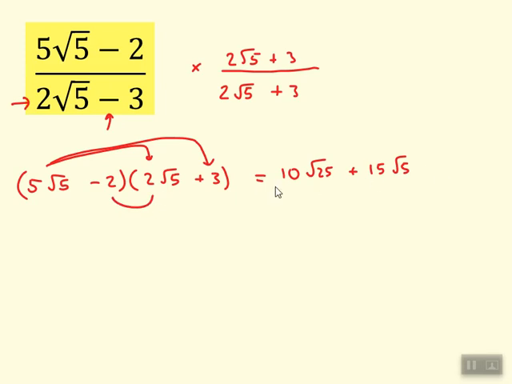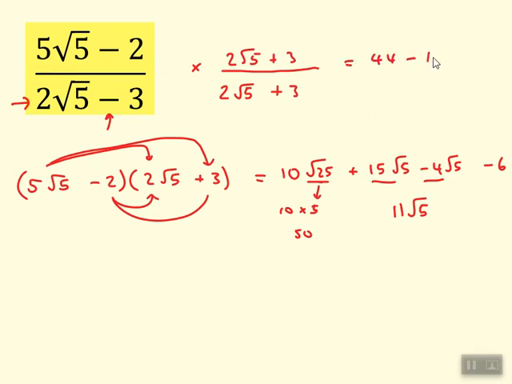This one's minus 4 root 5, and the last term is just minus 6. Okay, so 15 take away 4 is 11 root 5, and then root 25 is 5, times that by 10 is 50. 50 take away 6, so it's 44 plus 11 root 5. That's the top. Okay, 44 plus 11 root 5.